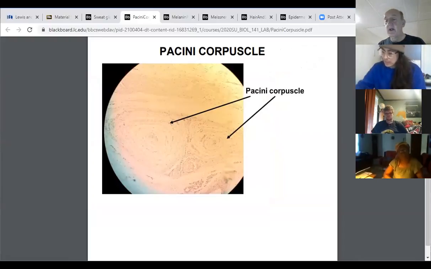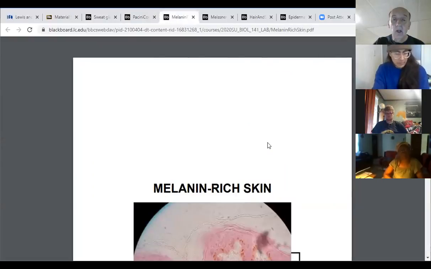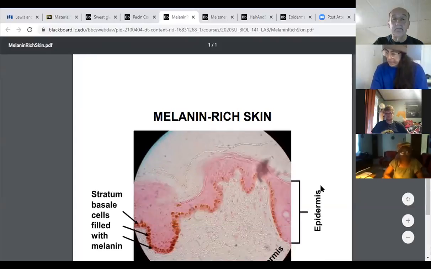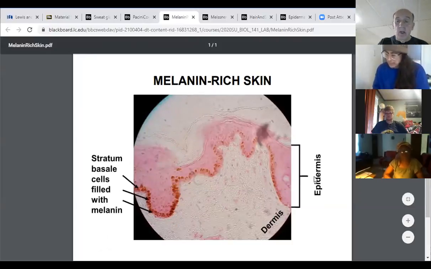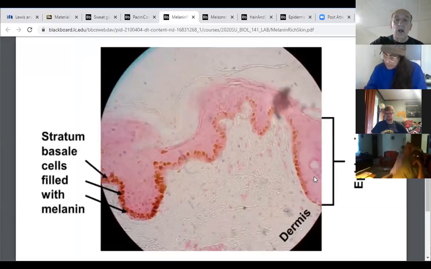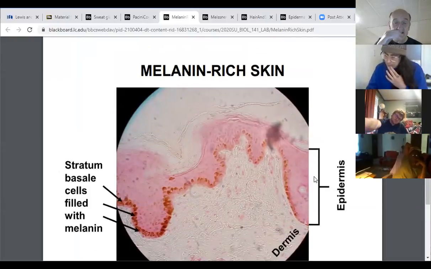So something that we didn't see on the skin model is showing up only here on this slide. And let me see if I can find this. So this is melanin-rich skin. We'll talk about this in lecture. Melanin is the natural substance that gives color to our integumentary system.